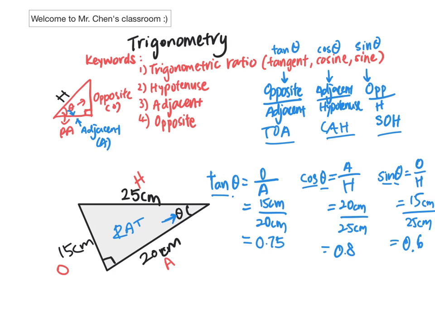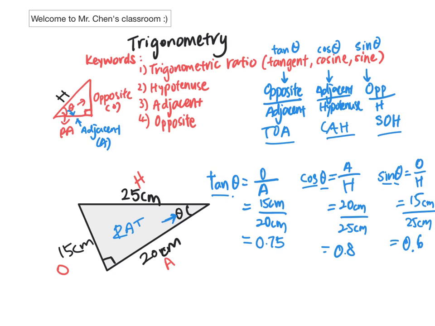So your sine theta is 0.6 from that reference angle specifically. Alright, good work. We're going to move on to 2 more questions.